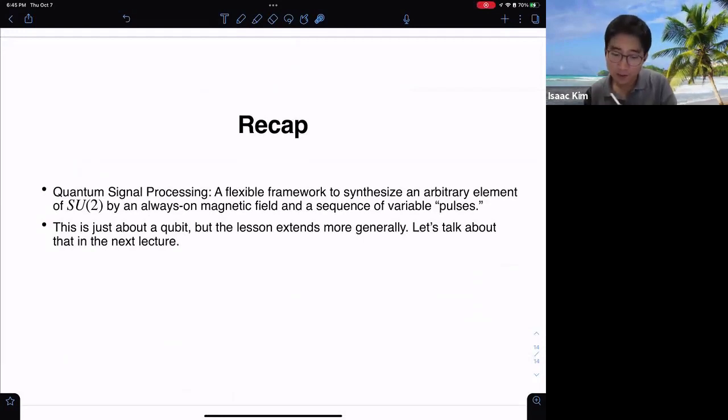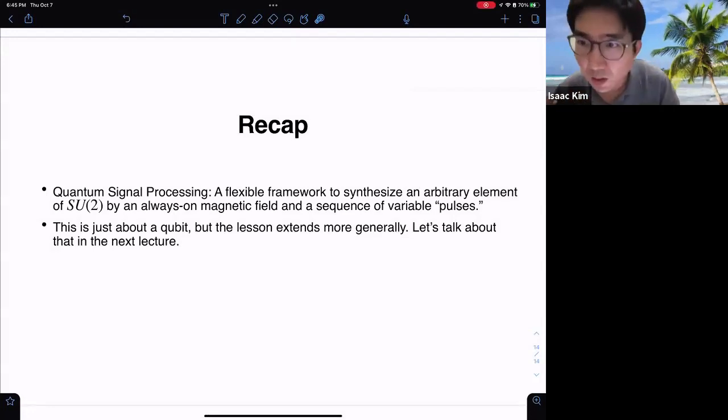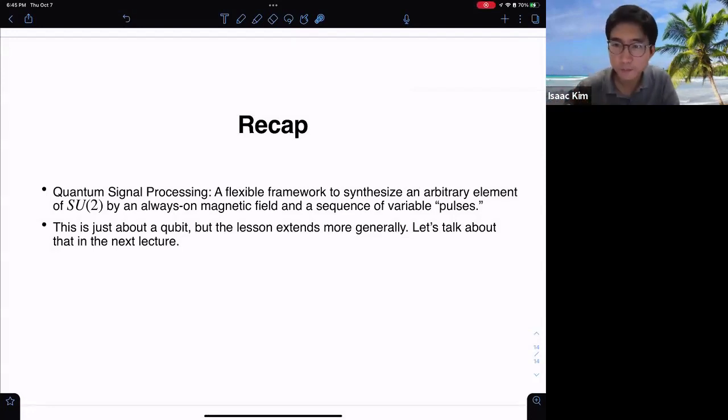I understand that this is just for a qubit, but we'll soon see that the lesson will extend more generally. So I would like to continue to the next lecture unless there is a question, and then take a short break in 15 minutes.